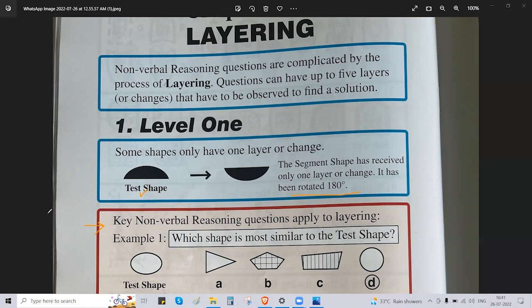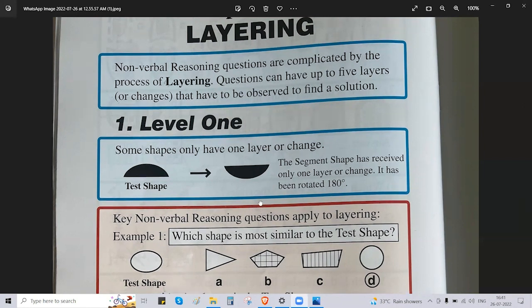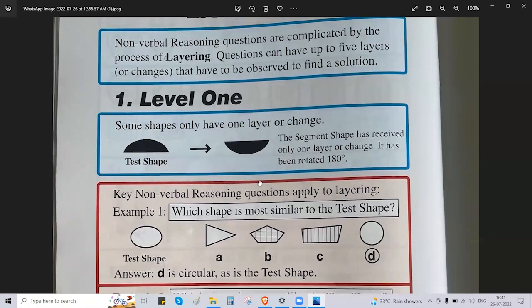It's D because the test shape is rounded and has no edges, and D is a rounded shape that doesn't have any edges. Let's see what explanation has been given. It says D is circular, as is the test shape. This is the test shape which is circular, and as you said, only D is circular in shape.